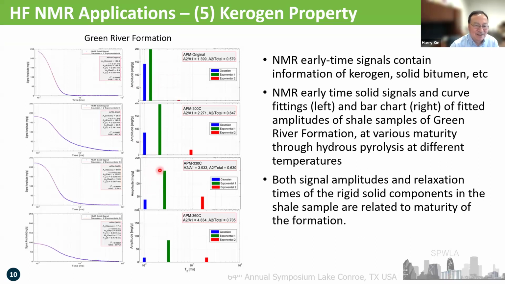Remember, the longer T2, this is the T2 position, the more mobile. So if you have a more matured kerogen, your T2, the blue part, shall remain, but the height will be shorter because this is a kerogen. You can call it the backbone.